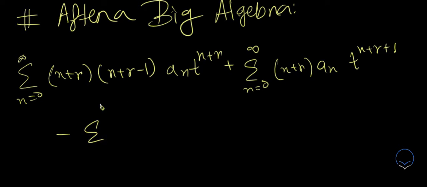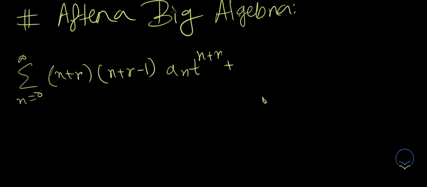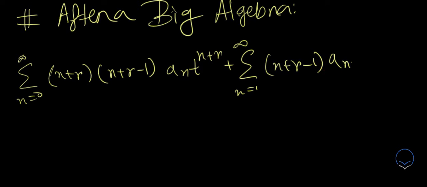There should be n equals 1, it shouldn't be 0. So let me just rewrite the second term. As you can see, handling this lengthy algebra is pretty tricky, and you need to be really careful when you do this kind of thing, otherwise the whole thing will be a mess.